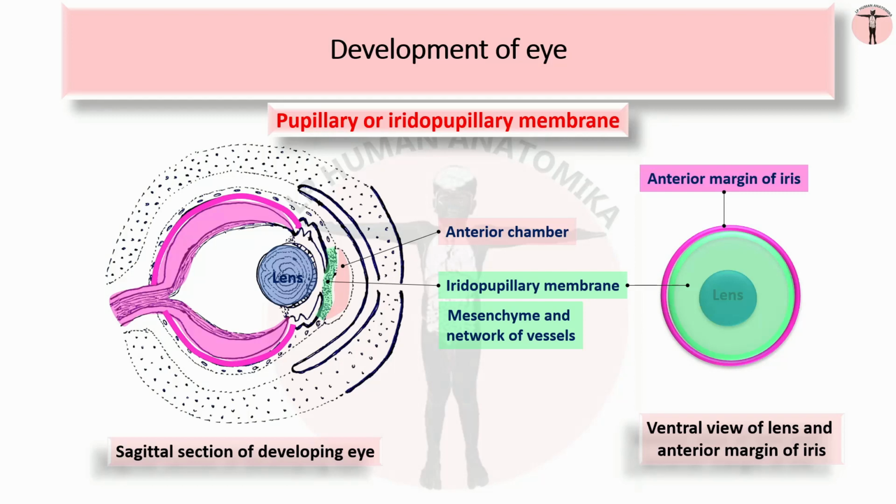The pupillary membrane undergoes regression by macrophage phagocytosis in the 6th month and disappears completely by the 8th month, leaving a space between the anterior margins of the iris which forms the pupil. The light can now pass directly through the pupil without interruption to the lens.